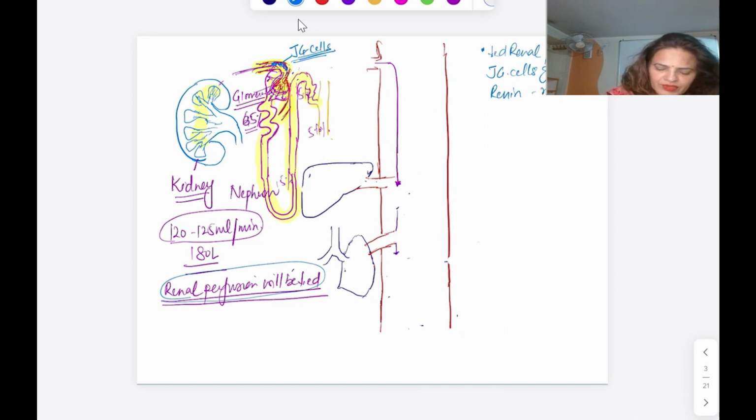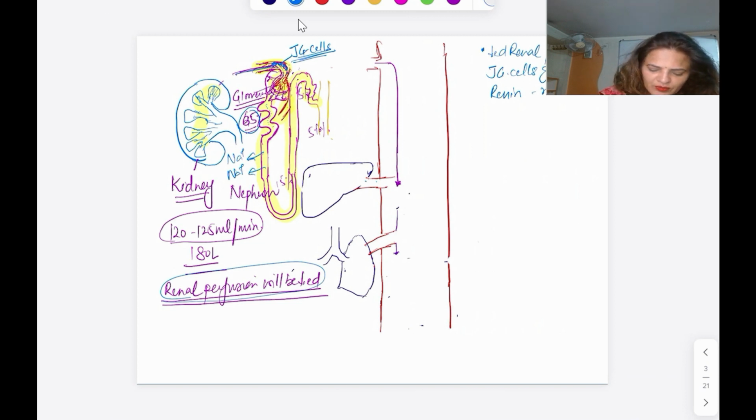Number two, if the blood volume is decreased, or if there is a fall in sodium concentration, suppose the blood volume is decreased, then what will happen? The perfusion again is decreased. Then to cover up that blood volume, more sodium will be reabsorbed, because along with the sodium that is reabsorbed, water also follows.